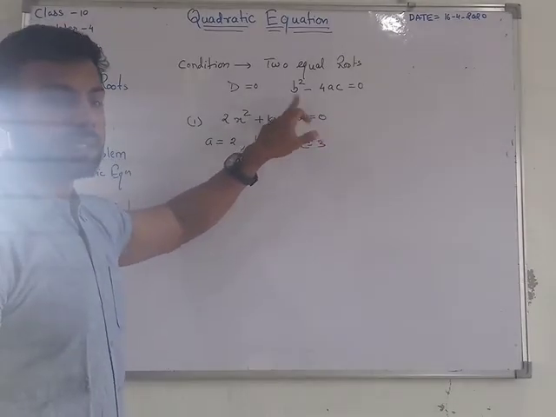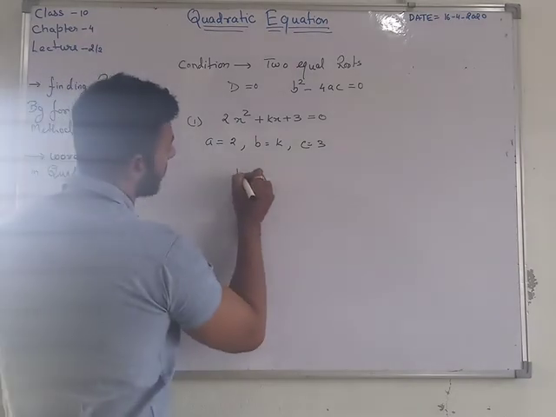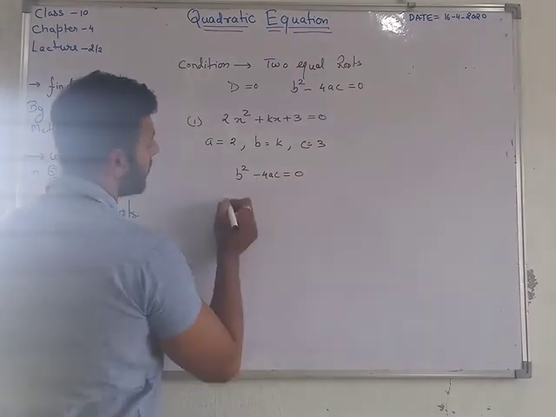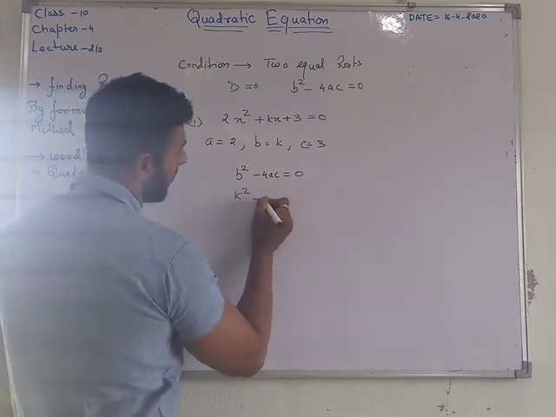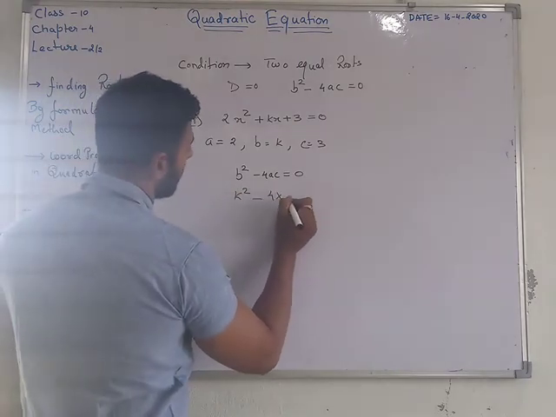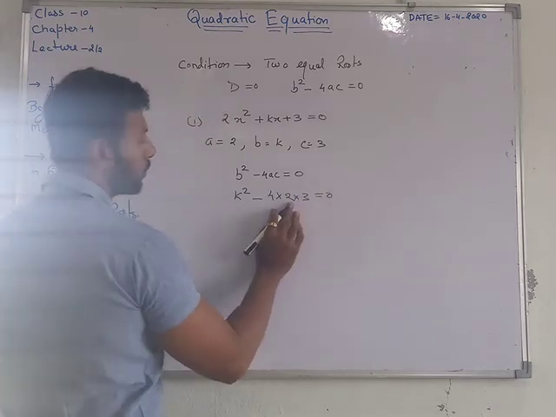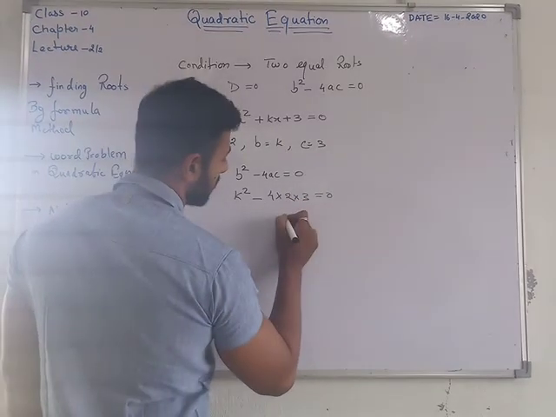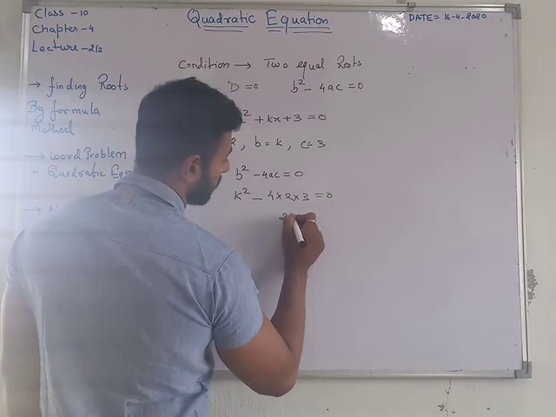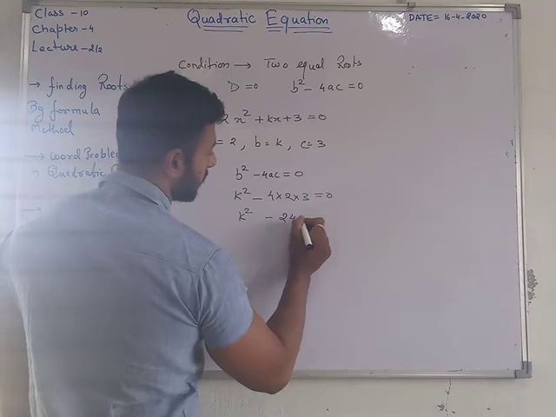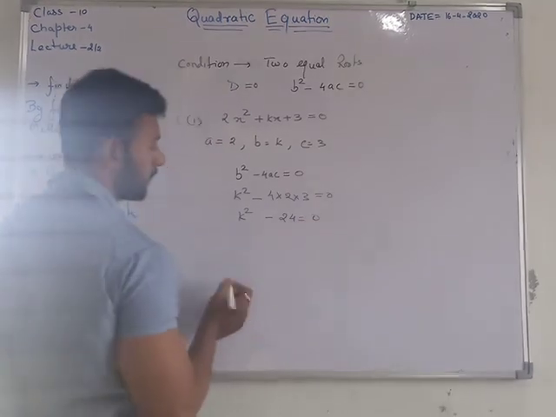Substituting these values, b square is k square, minus 4, A is 2, C is 3, is equal to 0. 2 times 4 is 8, 8 times 3 is 24, minus k square is equal to 0.